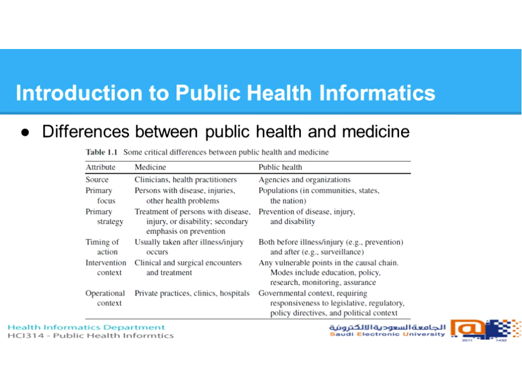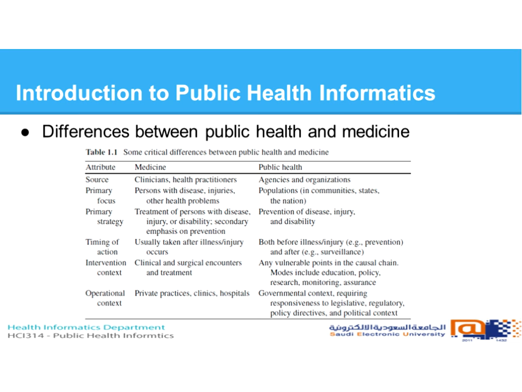The primary focus of medicine is personal disease curing, while public health is population level disease prevention. The primary strategy of medicine involves the treatment of disability, while in public health it is the prevention of disease. That is the primary strategy.